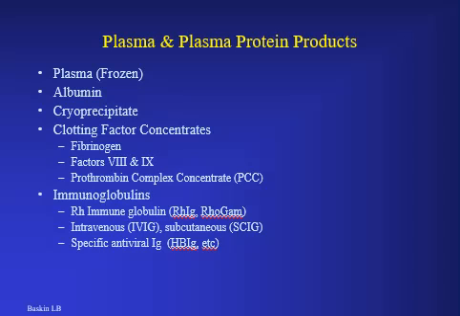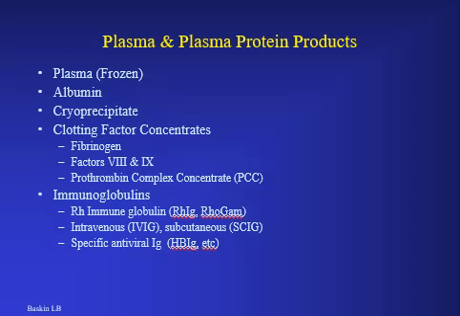It's referred to as thawed plasma because some of the clotting factors, like factor 8 and 5, the labile ones, are not present, but still most of the constituents are there. Albumin, then cryoprecipitate, clotting factor concentrates, and immunoglobulins, and we'll discuss these a little bit going forward.